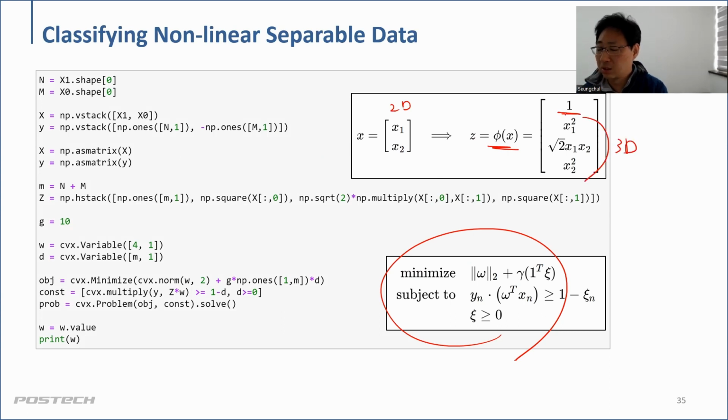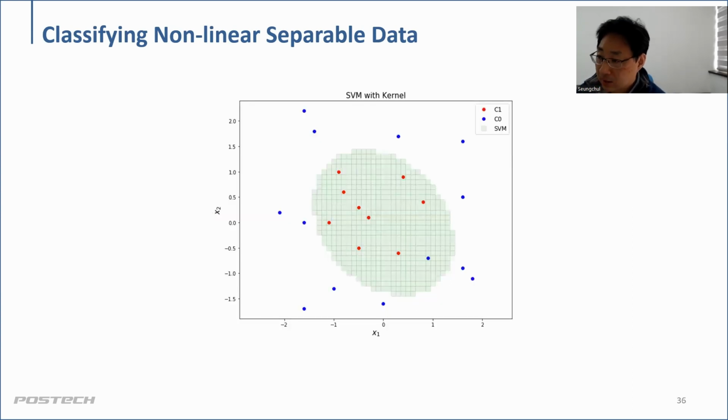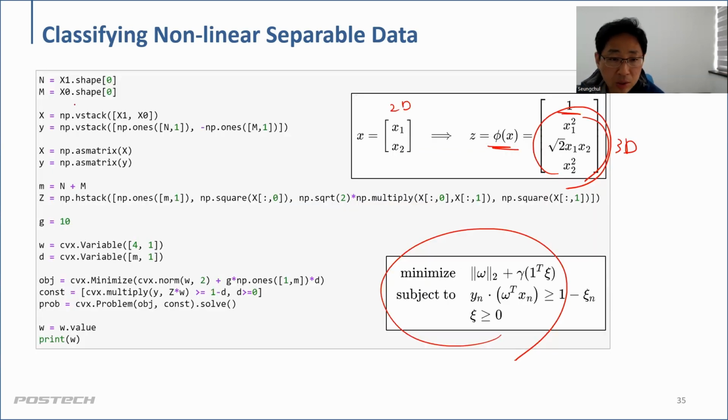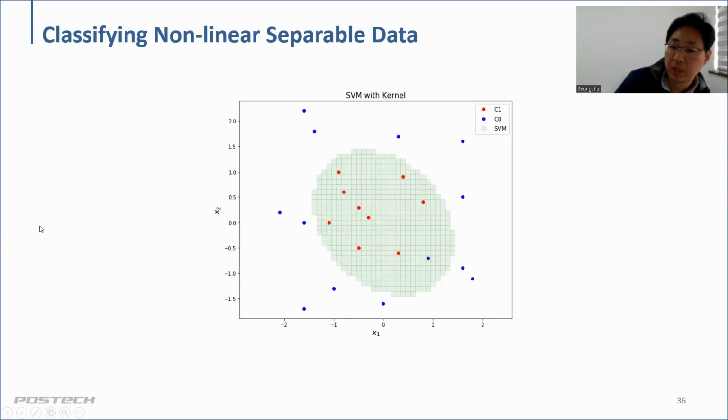This is the additional step. If we utilize the given kernels, this is what we got. These are the original data set, and Z is the remapped data points, and you can see I applied the SVM to the data points in Z space. Okay, that's what we got.